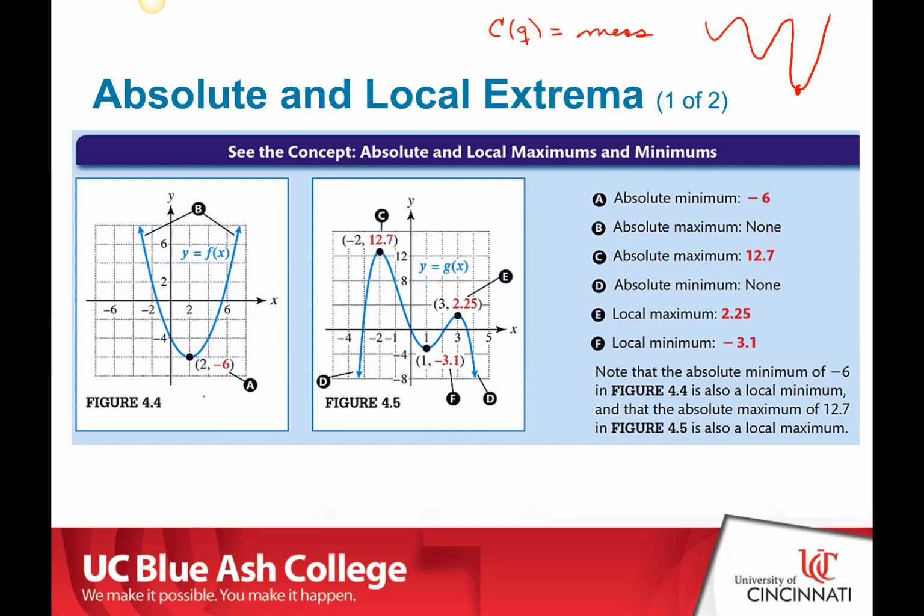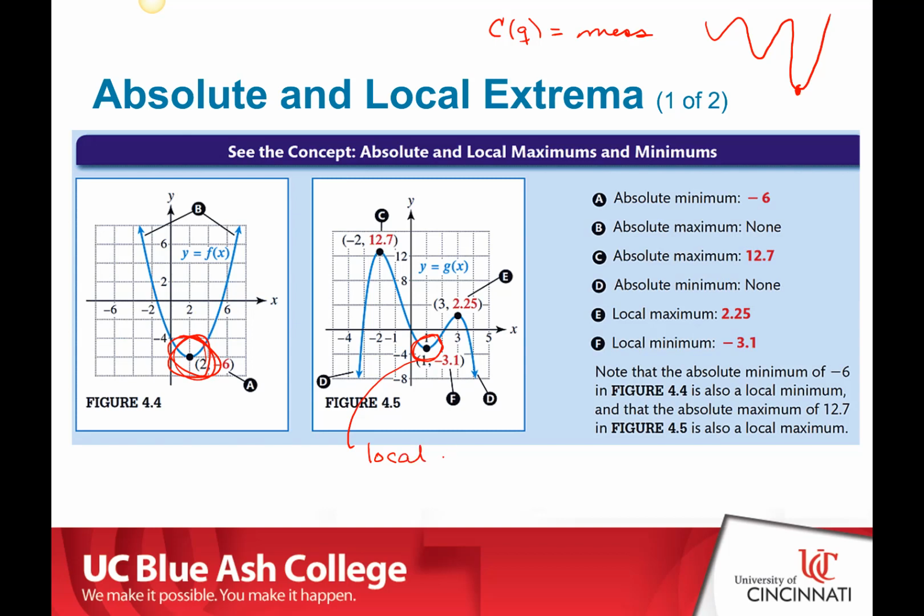On this first function, does it have a lowest cost? Yeah. On the first one, you got a lowest cost right there. On this second function here, you've got a low cost there, but is that as low as it goes? No. This is a local minimum.